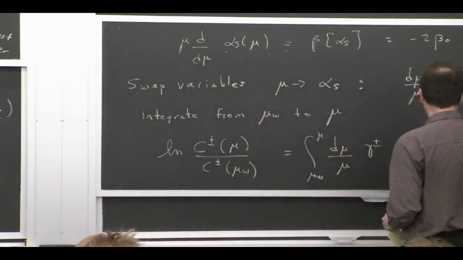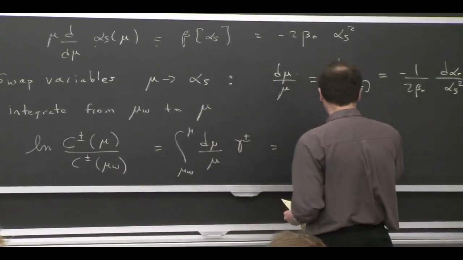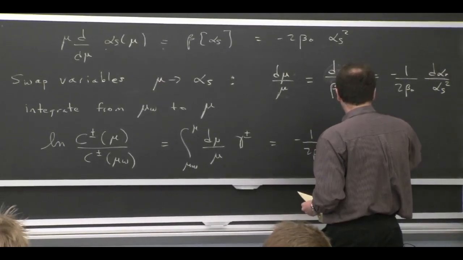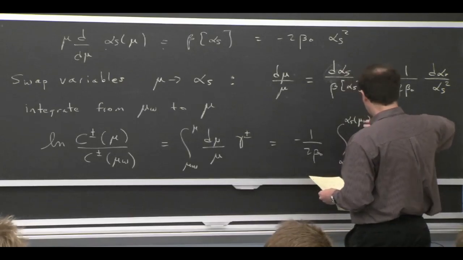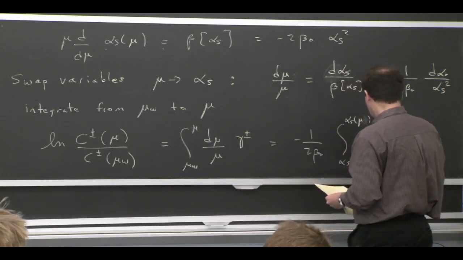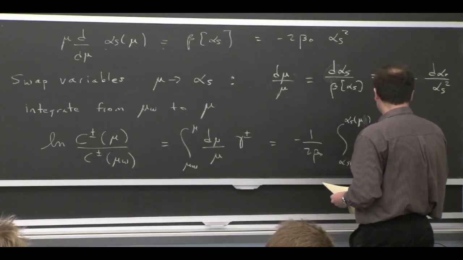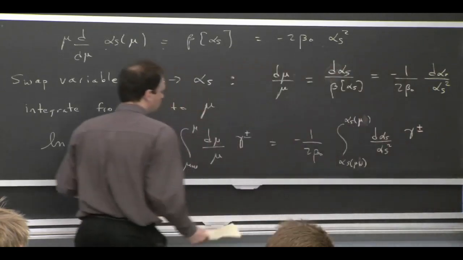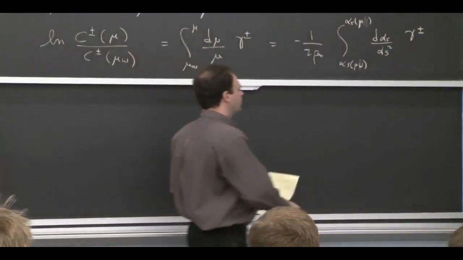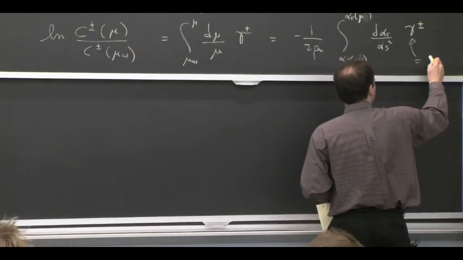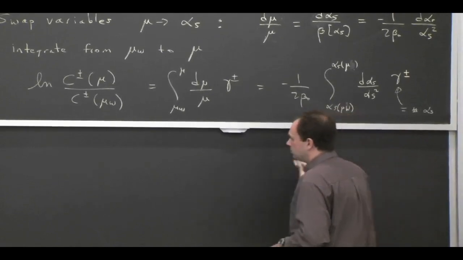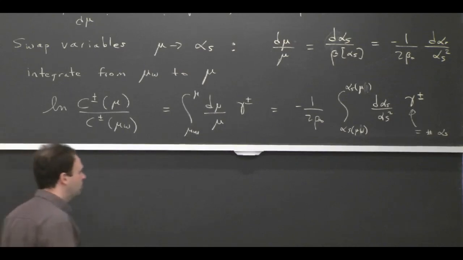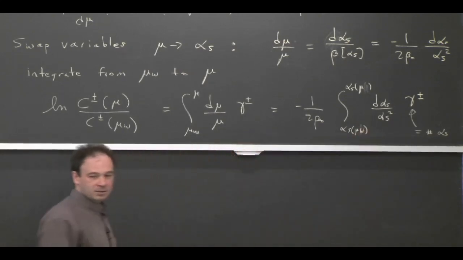But if I make the change of variable, then it becomes a very simple integral. And remember that this guy here is also just a number times alpha that we worked out last time. So this is just d alpha over alpha, and that's a simple logarithmic integral.